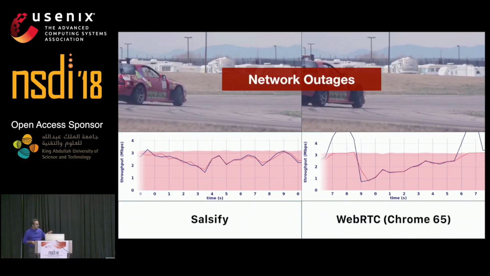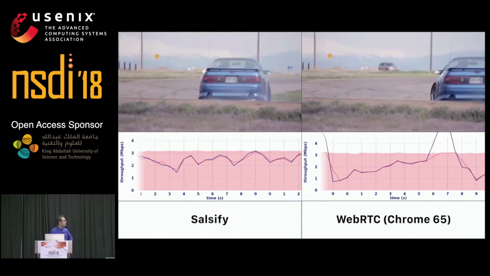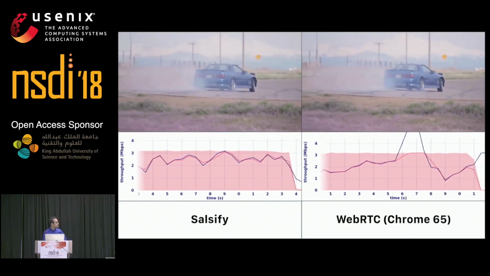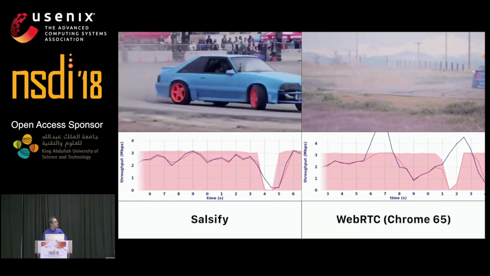The second example is we are going to have multiple network outages, and each is going to be 1 second. Left side is Salsify, right side WebRTC. Network's out, Salsify recovered.